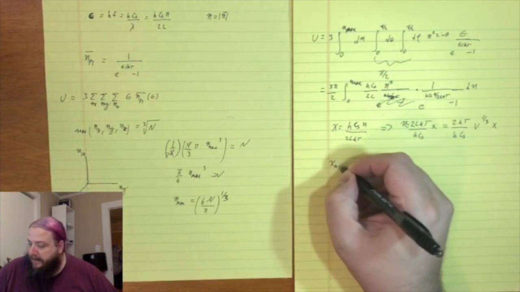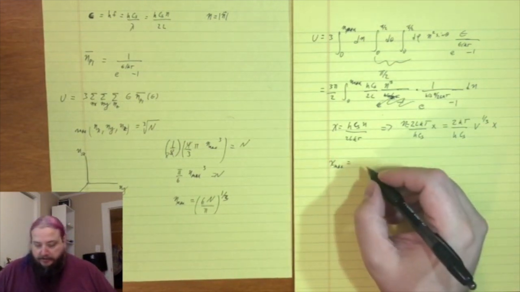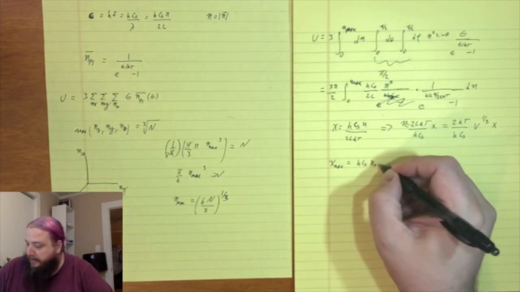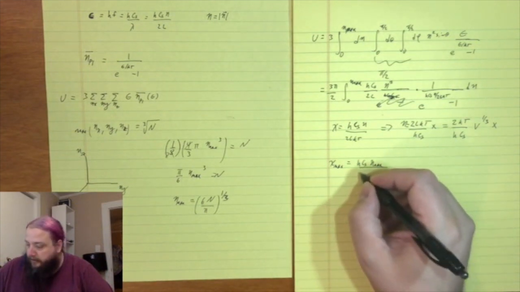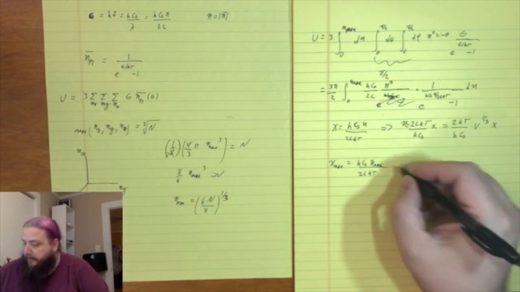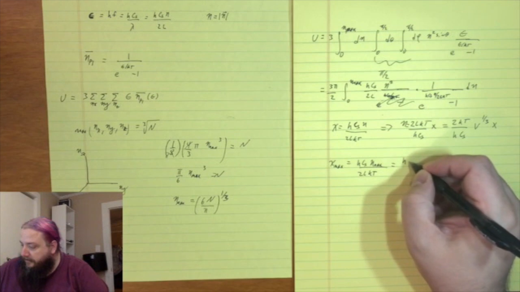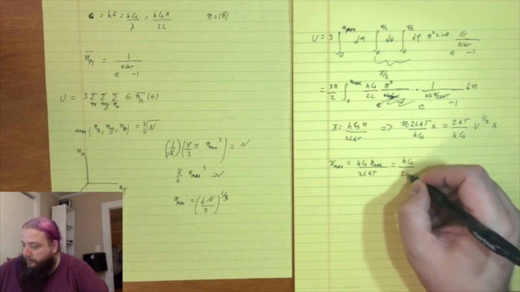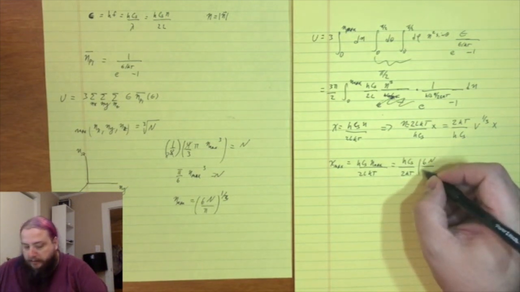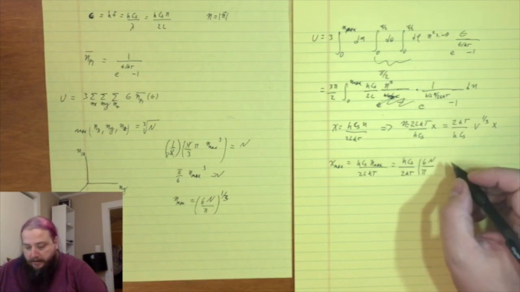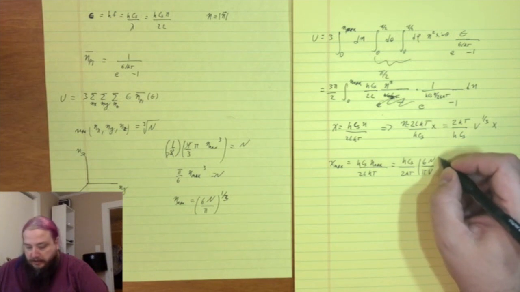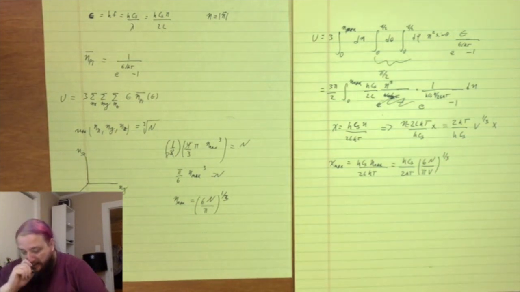Our x max here would just be h times the sound speed times our n max over 2L times kT, where our n max is given by this, so this is h times the sound speed over 2 kT times 6n over pi and volume to the 1/3 power.